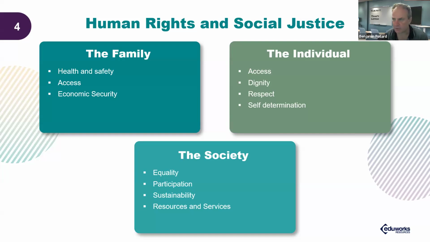A higher level right, you might say, is economic security. This comes from not just having access to employment, but having access to long-term permanent employment, giving that sense that I'm okay today, but I'm also okay into the future.